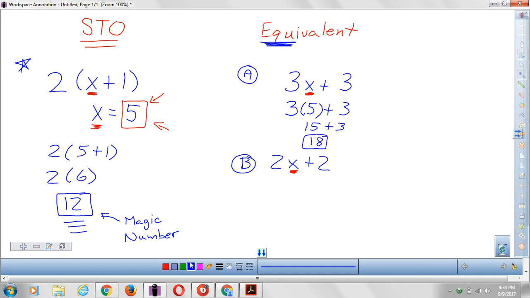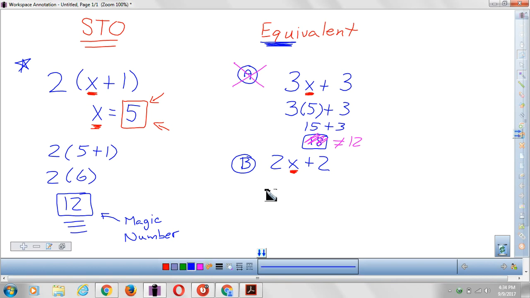Well, 18 does not match. That is not a match. So right away, I can cross this guy off. I can say choice A cannot be right because 18 is not equal to 12. So that is no good. 18 is not a match. So we don't like that one.